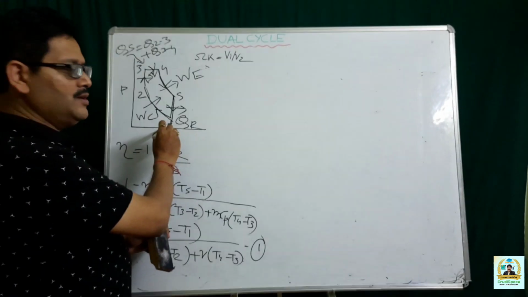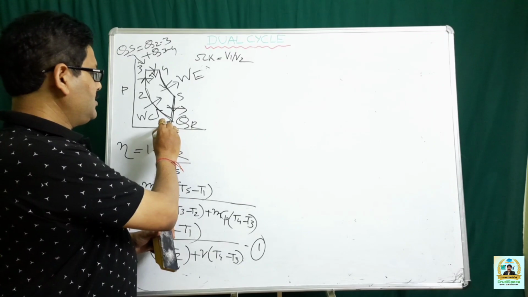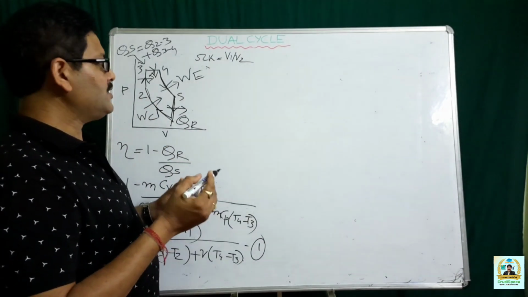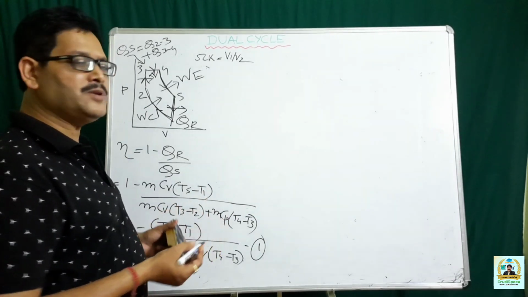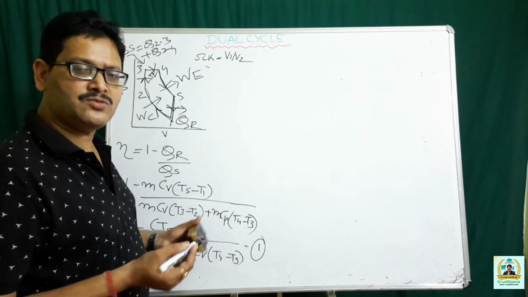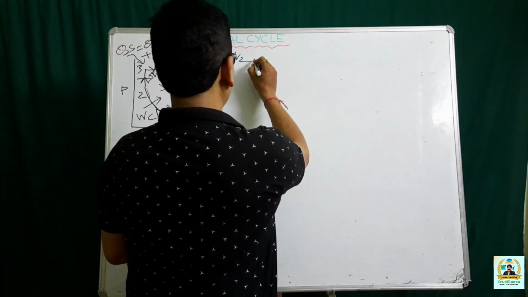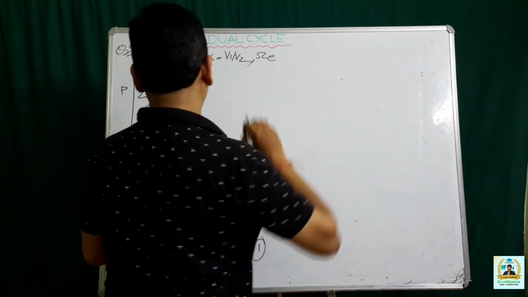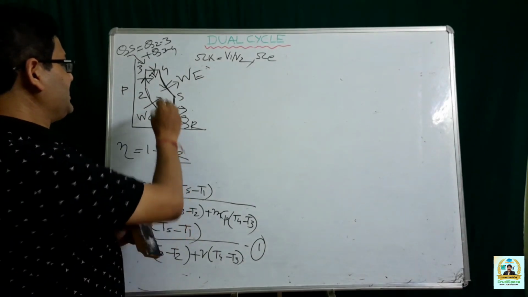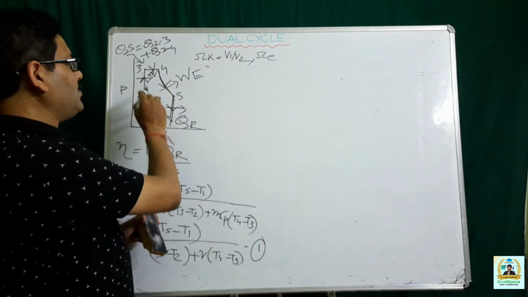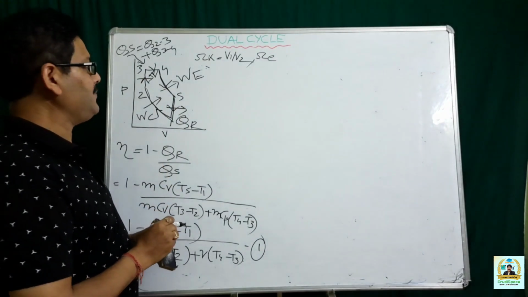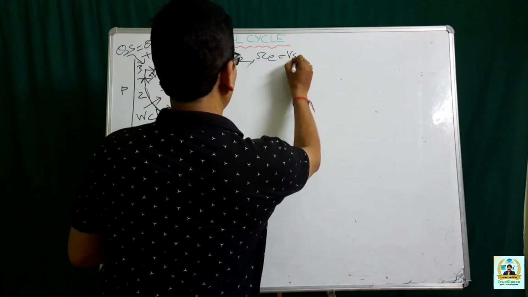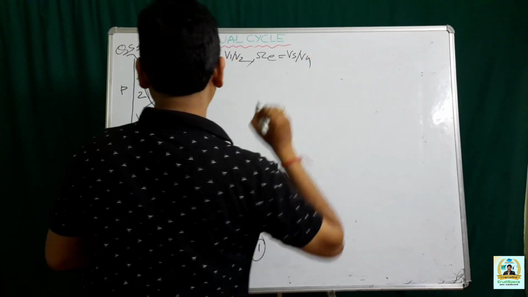V1 is the volume before the compression process starts, and 2 is where the compression ends. So the ratio between V1 and V2 is what we call your compression ratio, Rk. Then you have an expansion ratio, Re. Expansion is starting at point 4 and is ending at point 5, and this ratio is V5 by V4.